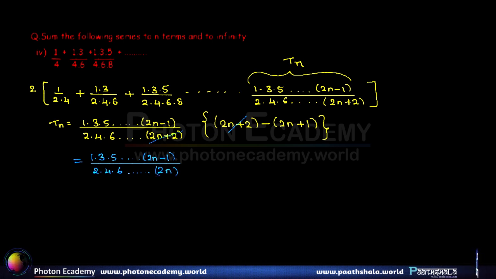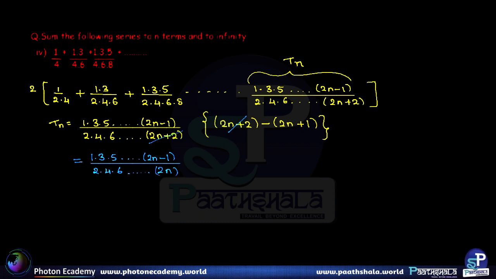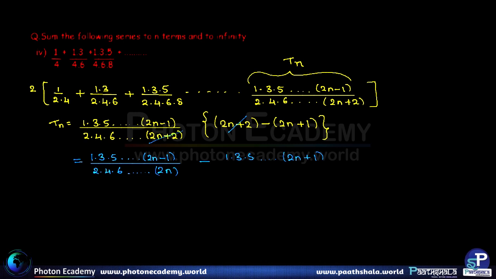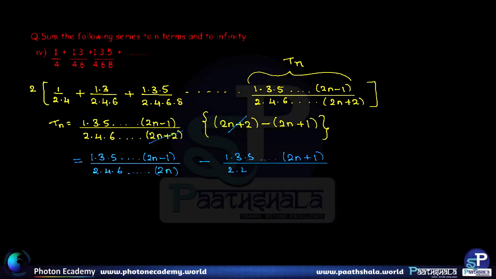Since it is just even numbers, it will be 2n plus 2 minus 2. And then the next term is 1, 3, 5 all the way to 2n plus 1, and in the denominator we get 2, 4, 6 till 2n plus 2.